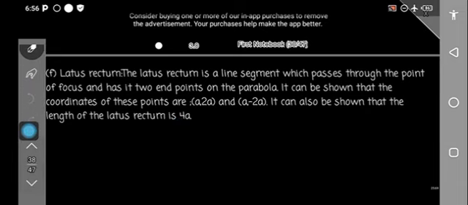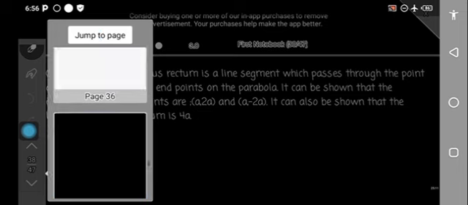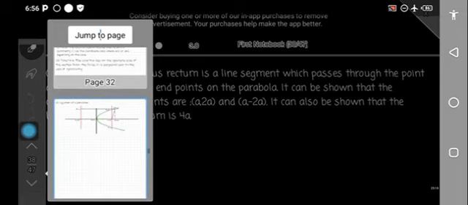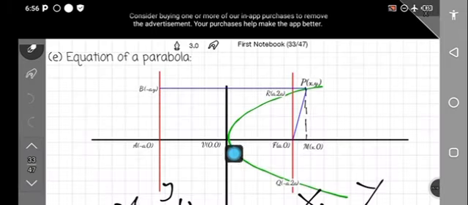Let's go back to the diagram and view the latus rectum. This line RQ here is the latus rectum, and you can show that these are the coordinates of Q and R. It passes through the focus, at x equals a.